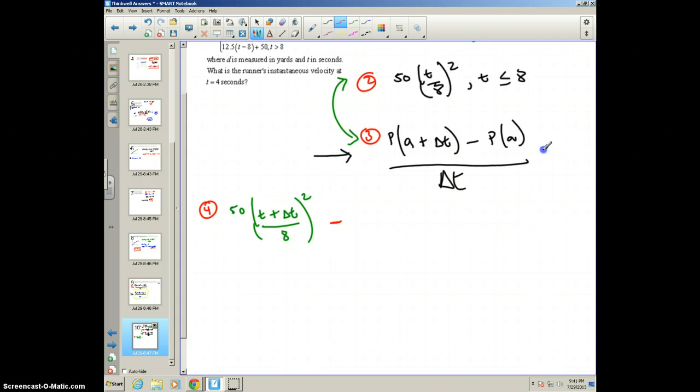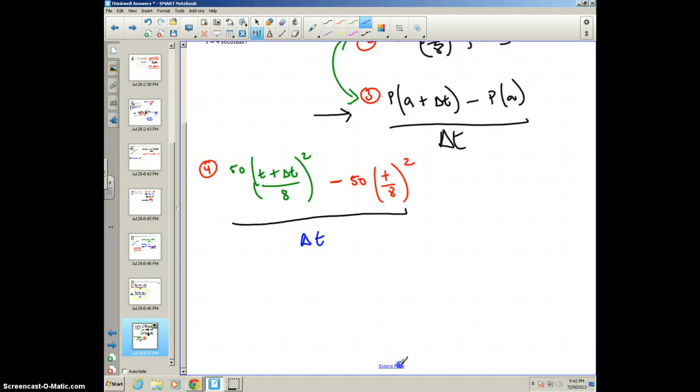So minus 50 t over 8, and again, squared. Then we're going to put all of that, as we see here, over delta t. Alright, so we have that part.